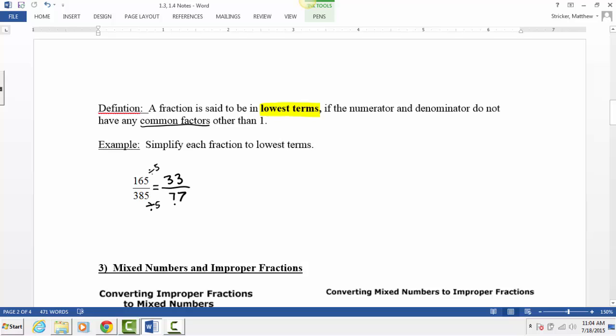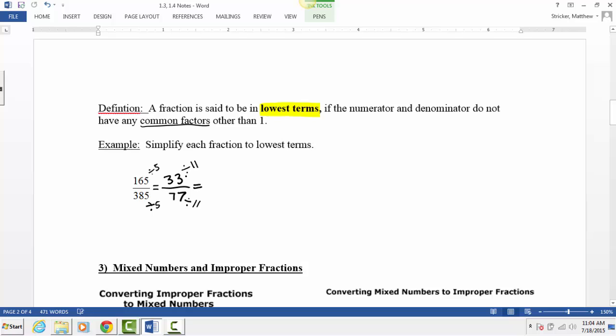That gives us a new fraction, and we need to again ask ourselves, is this fraction in its lowest terms? Are there any common factors? And the answer would be no, because 33 is divisible by 11, and 77 is divisible by 11.